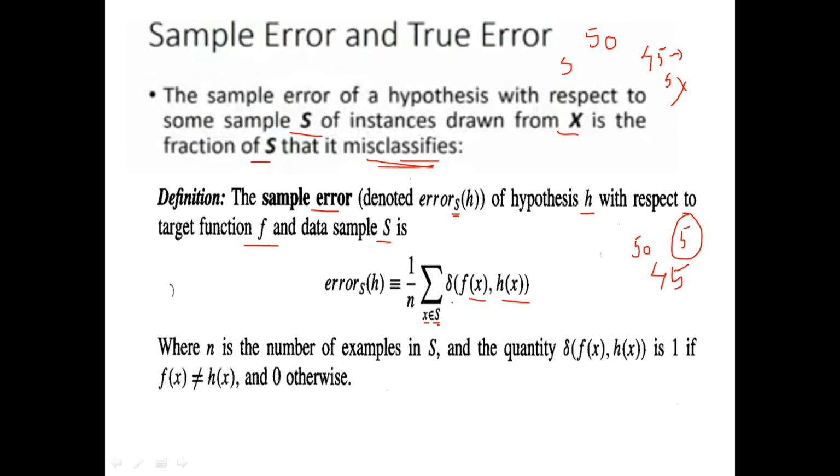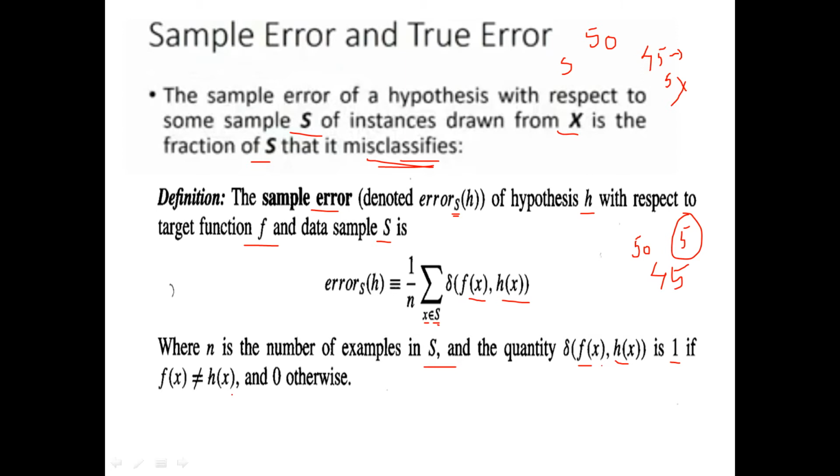So now you are going to find the summation. It is the average of all differences divided by n, right? Where n is the number of examples in S, and this quantity delta of f of x comma h of x is 1 if f of x is not equal to h of x.